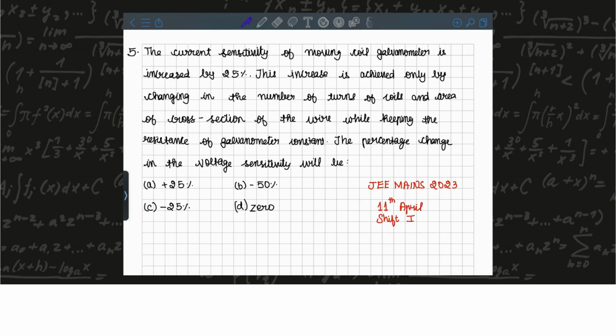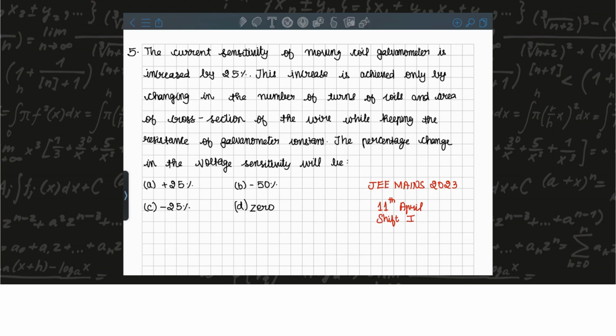This increase is achieved only by changing the number of turns of coils and area of cross section of the wire while keeping the resistance of the galvanometer constant. Remember this one. The percentage change in the voltage sensitivity will be, again they have asked us to find out the change in the voltage sensitivity.